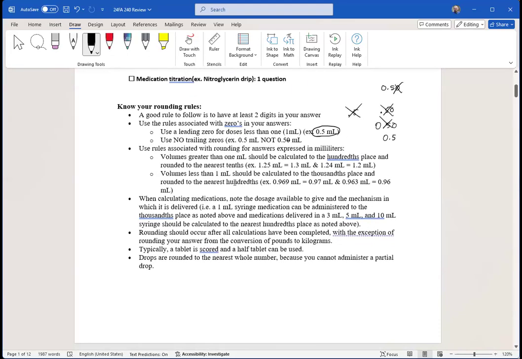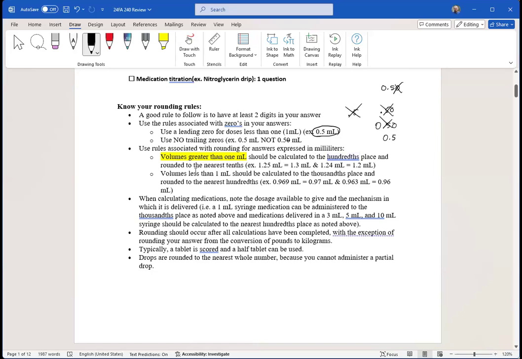All right, so as far as rounding is concerned, when the volume is greater than 1 milliliter, we want to calculate our answer to the nearest tenth.